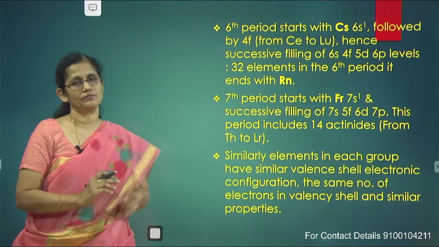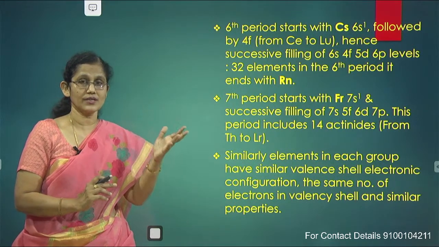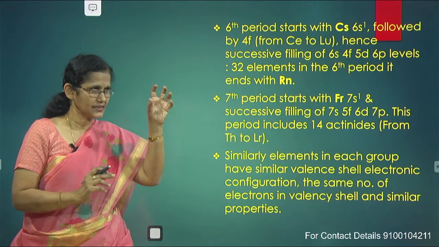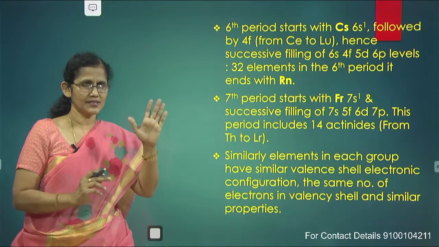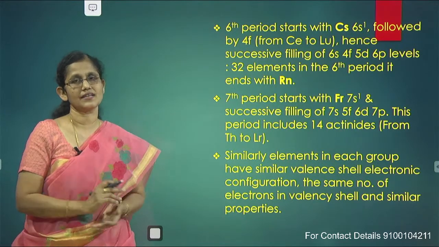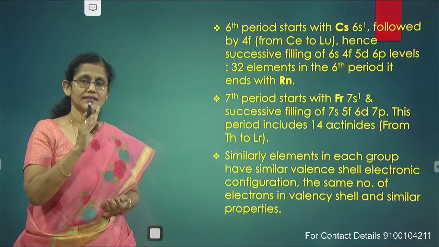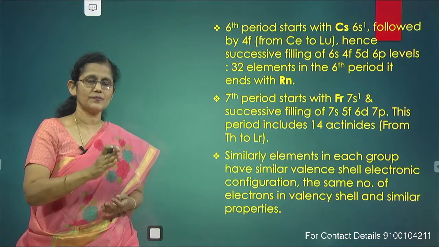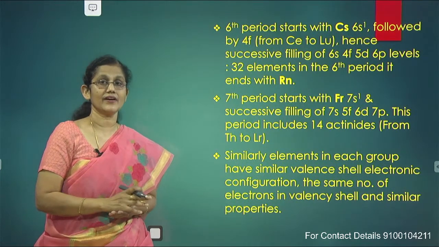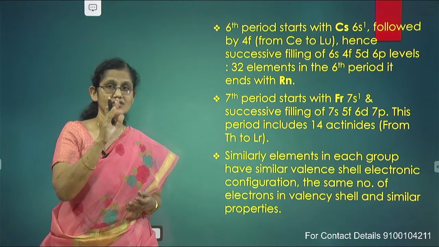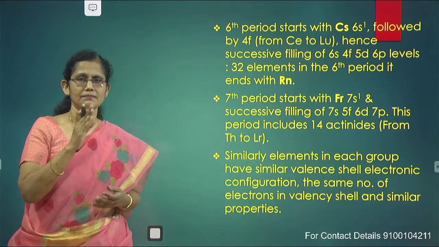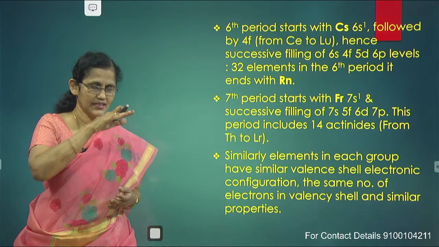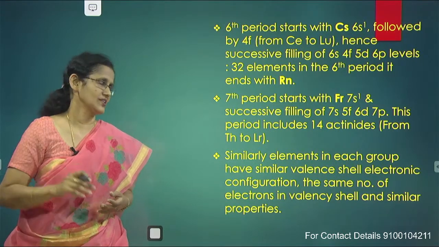So, M2O. Lithium can form monoxides, sodium and others can form peroxides, potassium can form superoxides. Certain properties are similar, they form similar types of hydroxides, MOH, and similar types of halides, MX. So, in each group properties will be similar. Why? Because they have similar valency shell configuration, a similar number of electrons in the valency shell. In every group properties are similar, but in each period properties gradually change.